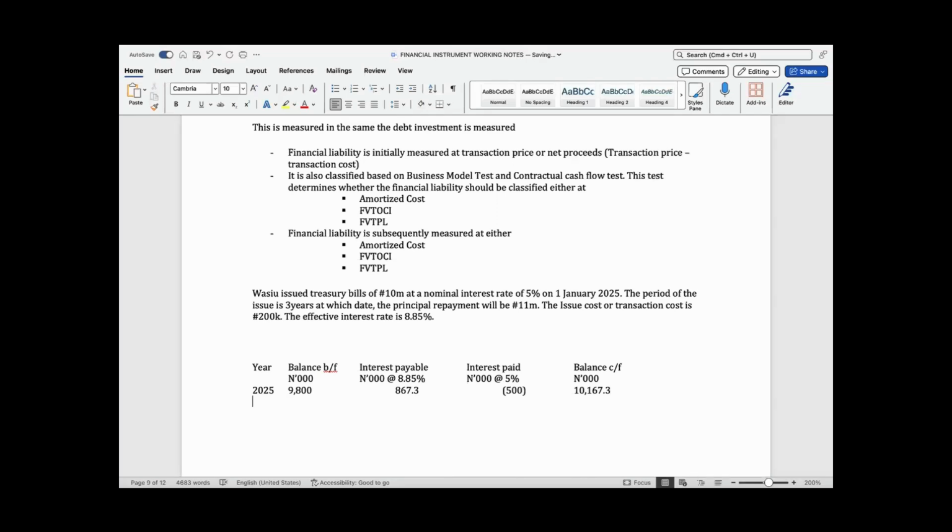So in year two, which is 2026, we'll bring forward the 10,167.3. Let's calculate 8.85% of that. Ultimately, how much? 899.81.